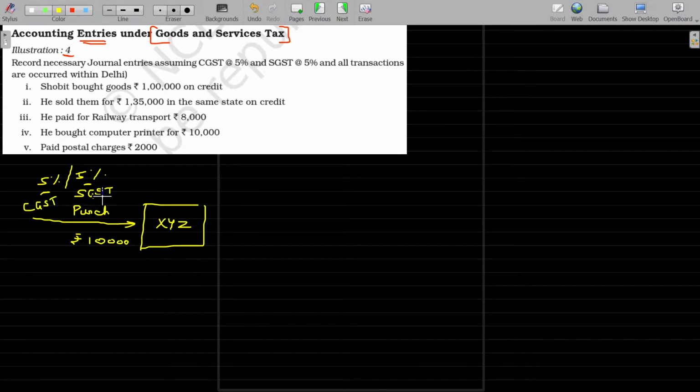Central government also runs the government, right? State government also wants some fund for running their government. Central government spends for national highways, army, central universities, colleges and all. State universities are handled by the state government, as are state highways and police stations. For these things also, of course, the state government is in need of funds. And the central government is also in need of funds for central expenses.